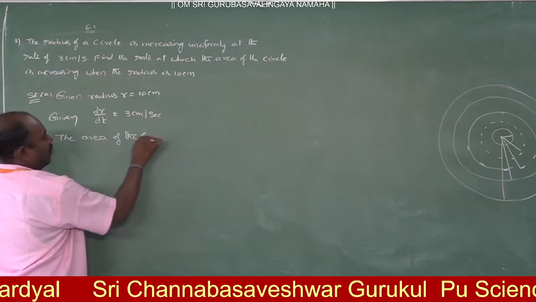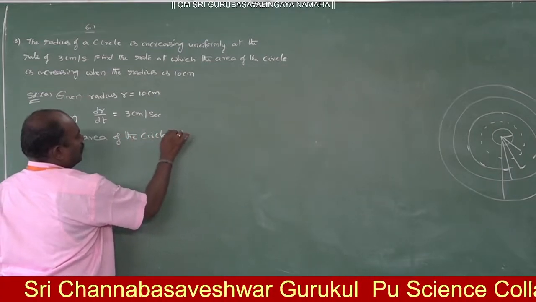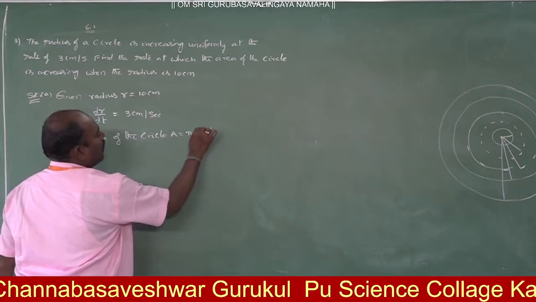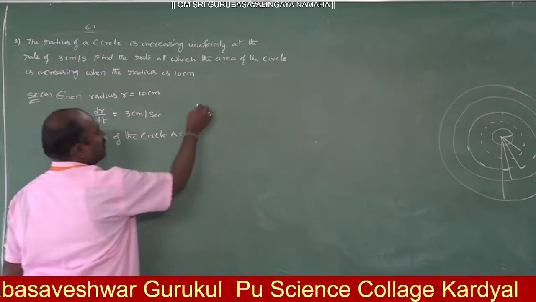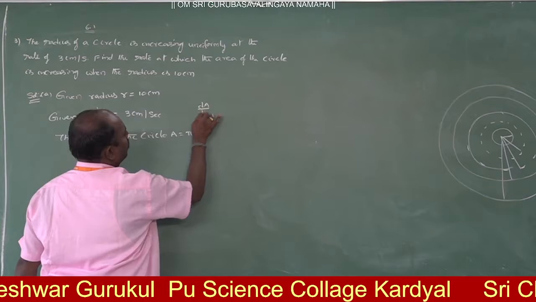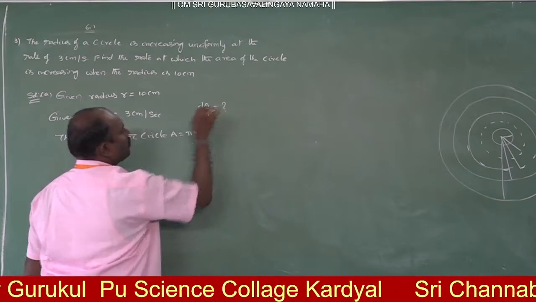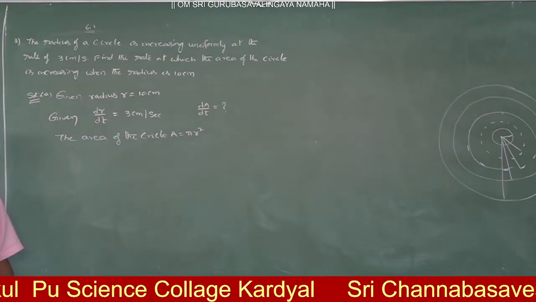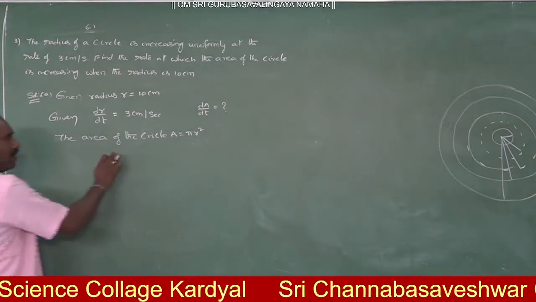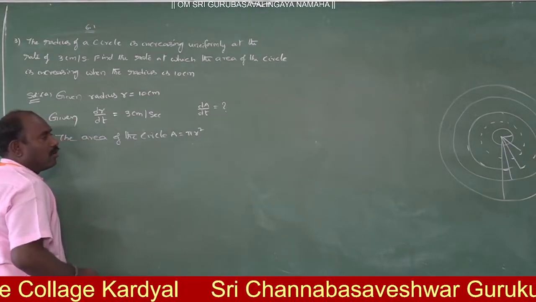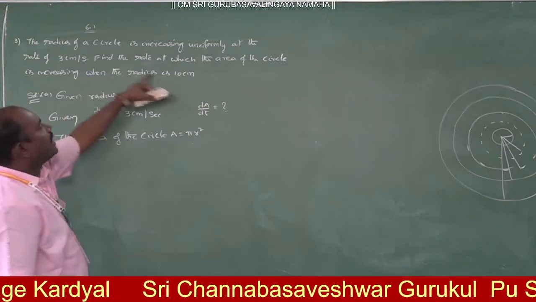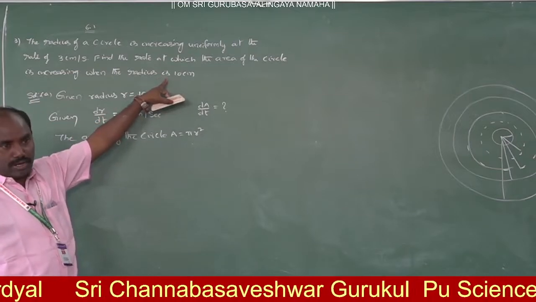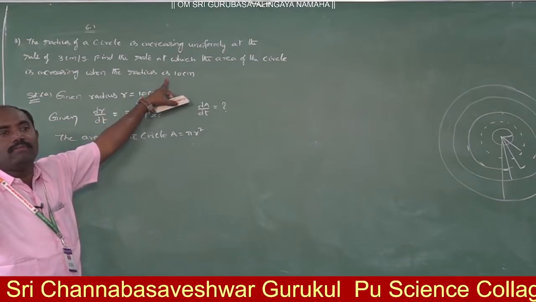Which one do we have to find out? The area of the circle, A equal to pi r square. We have to find dA by dt, that value. The area of the circle A equal to pi r square, here it is not given with respect to any value, so we have to take the time t.